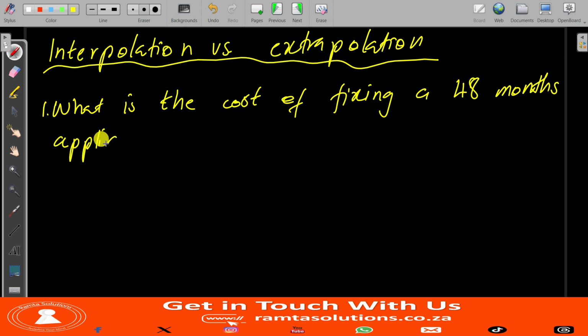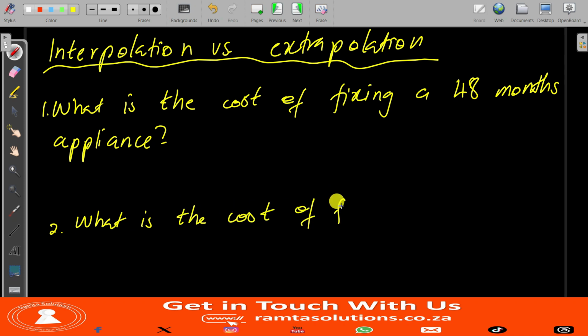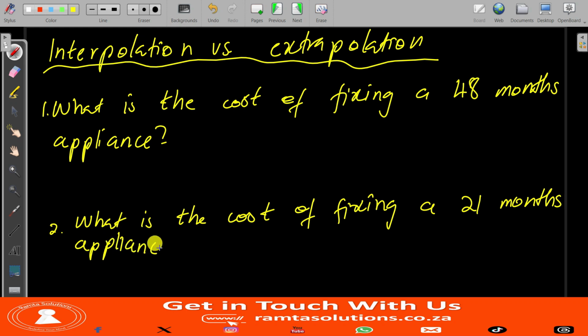Just stay here. And then, what is the cost of fixing a 21 months appliance? Okay. So we're going to answer the questions here.